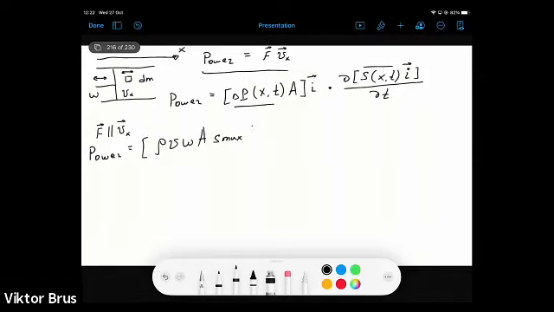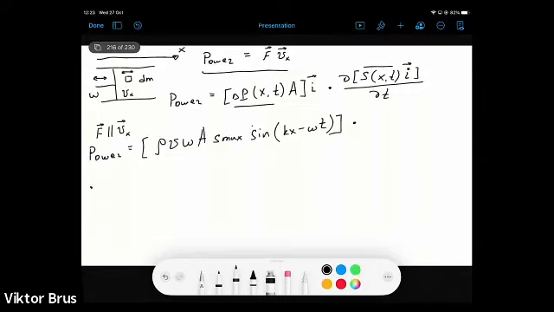And here we will have sine of kx minus omega t. So that is the expression for our change in power times the area of the pipe where all these processes are happening.